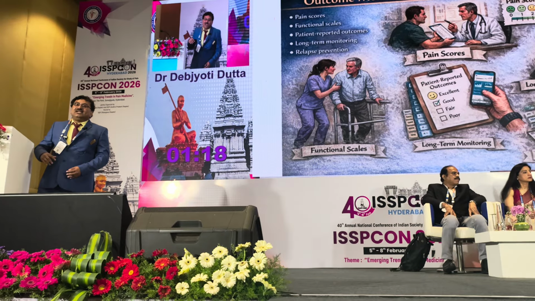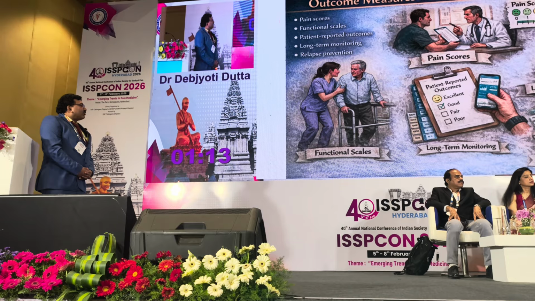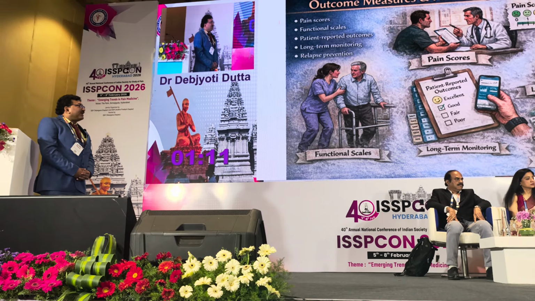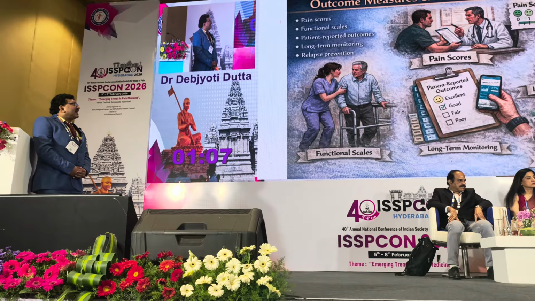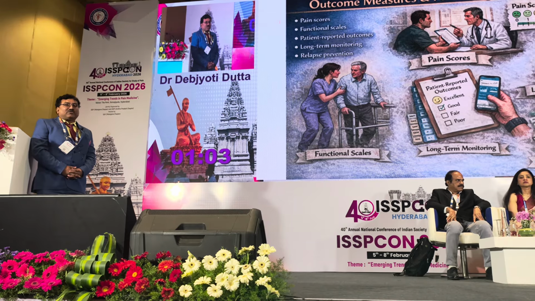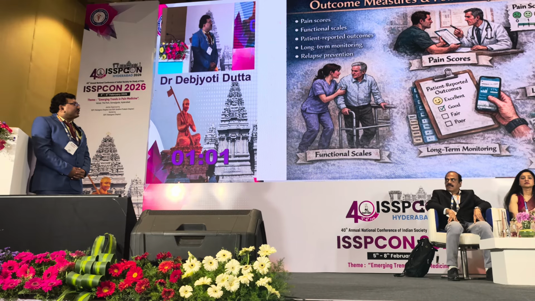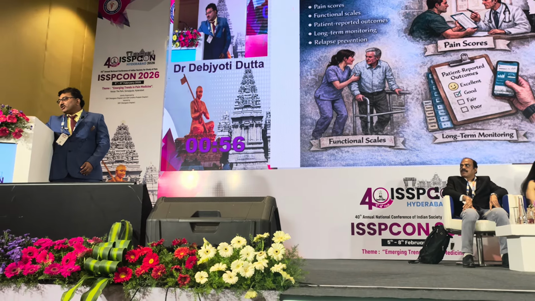And finally, we should go for final outcome measures in the form of functional scales, pain scores, long-term monitoring, and relapse prevention. These are a very essential part of the complete management of chronic spinal pain. In that way, we will be able to give maximum benefit to the patient.